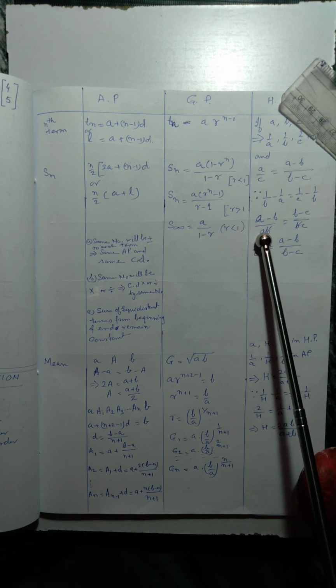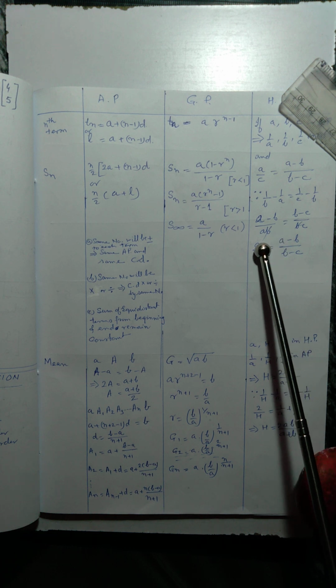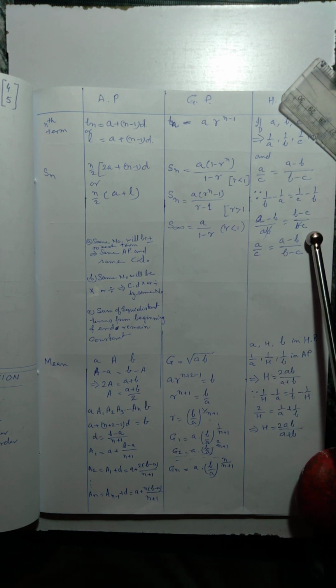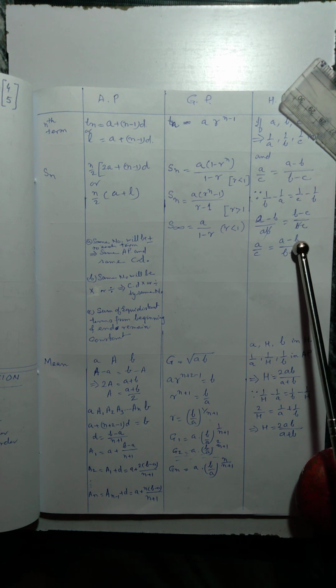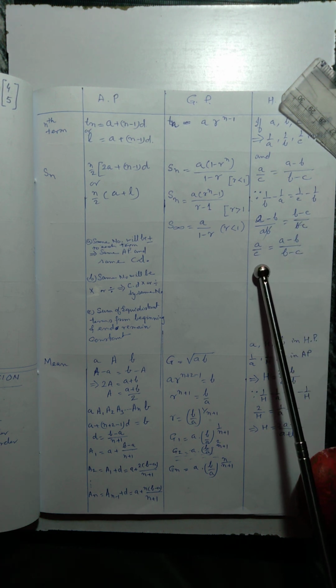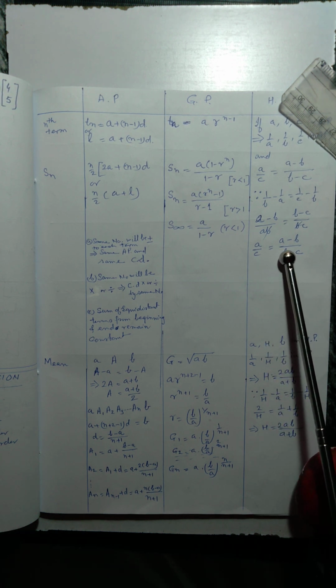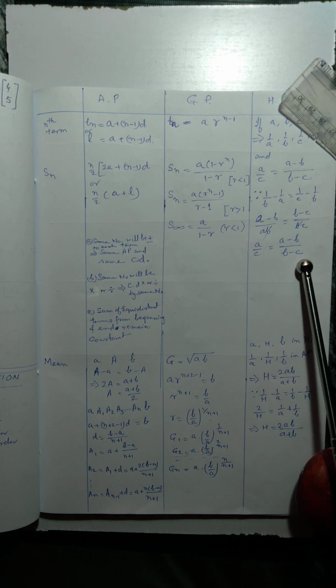So (a − b) upon ab will be equal to (b − c) upon bc. So a upon c will be equal to (a − b) upon (b − c).